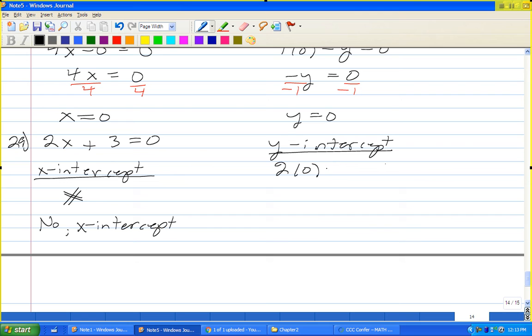Why am I so stupid? I'll have to get back to the x-intercept.